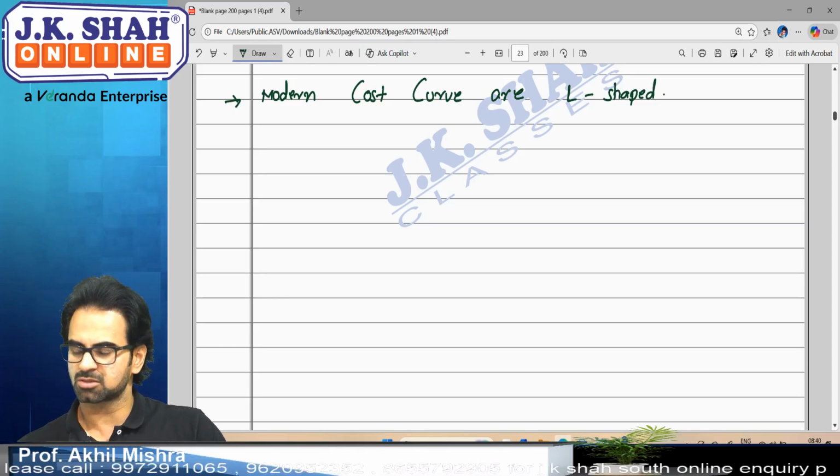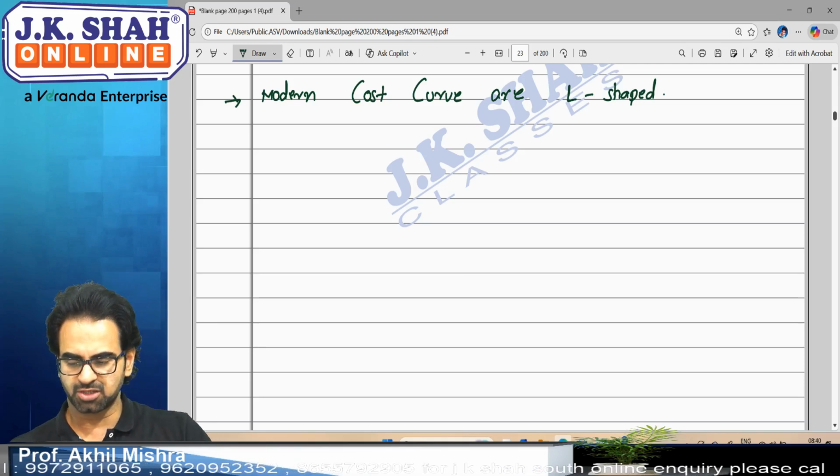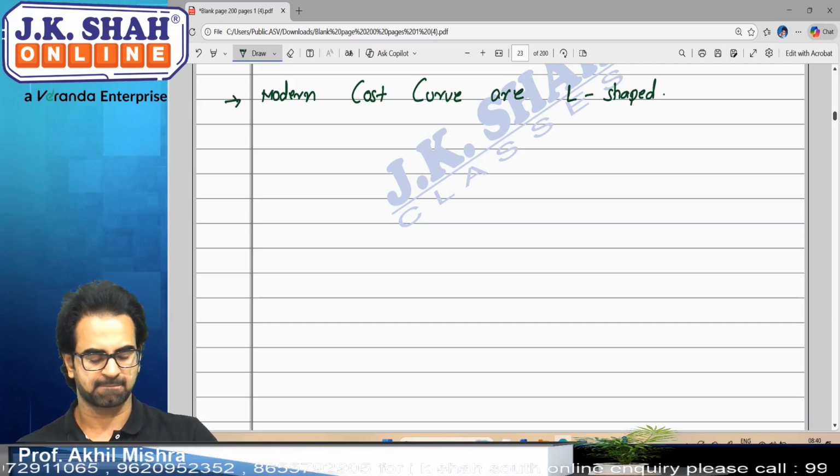The modern cost curves are L-shaped. Now see what is happening.